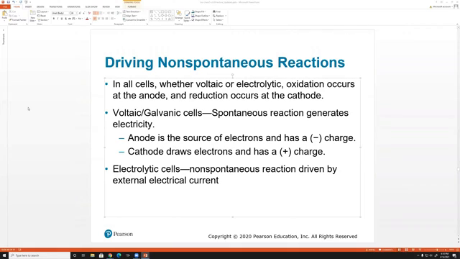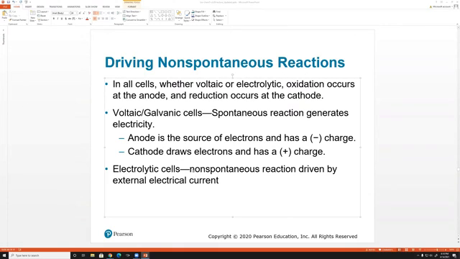But if you have another type of cell that goes against the grain in the opposite direction, where the cathode is now being oxidized and the anode is being reduced, or, well, the anode is always being oxidized, but let's just say it this way: if the one with the lower reduction potential is now being reduced and the higher reduction potential is now being oxidized, meaning again the opposite direction of electron flow, we have an electrolytic cell.